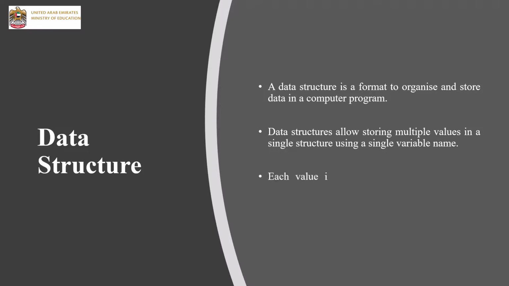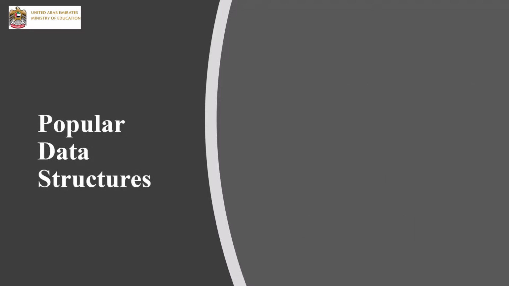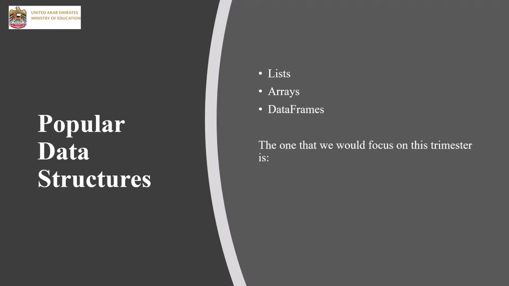Each value in the data structure is called an element. A numeric value known as index is used to differentiate between different values. Some of the popular data structures used in Python are lists, arrays, and data frames. The one that we would focus on this trimester is data frames.